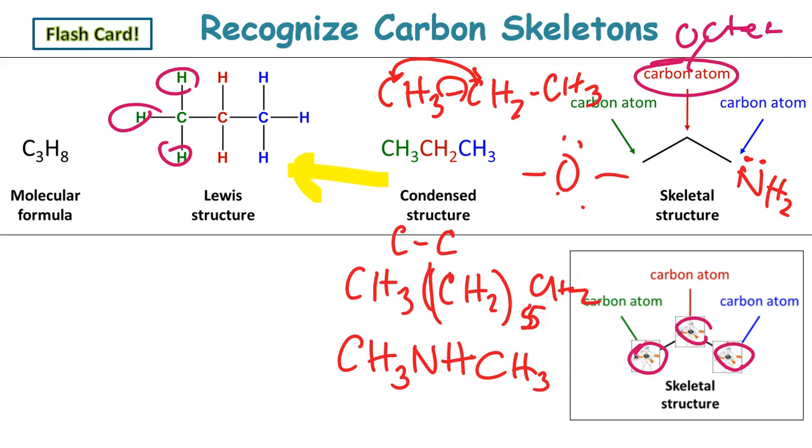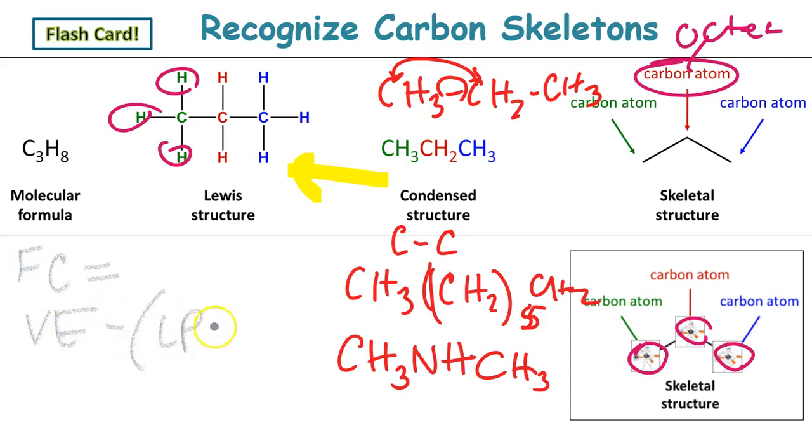Something that's not optional when you're talking about skeletal structure, definitely not optional, is going to be formal charge. So formal charge, let's go ahead and rewrite that. Formal charge is going to equal your valence electrons minus lone pairs plus 1/2 of your bonding pairs, or whatever way that you learned it, okay?